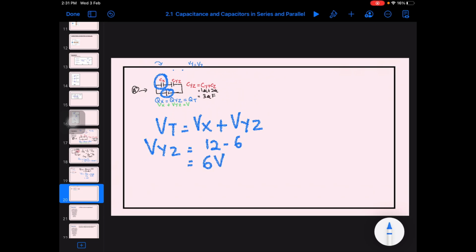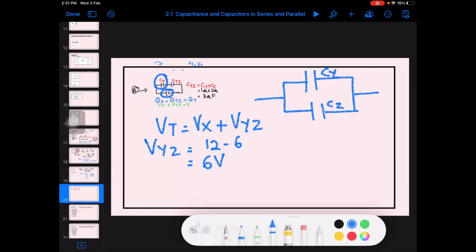So it is equals to 6 volt. Okay, so 6 volt. Kita lukis balik gambar Y and Z tadi. Okay, this is CY atas, CY and CZ.